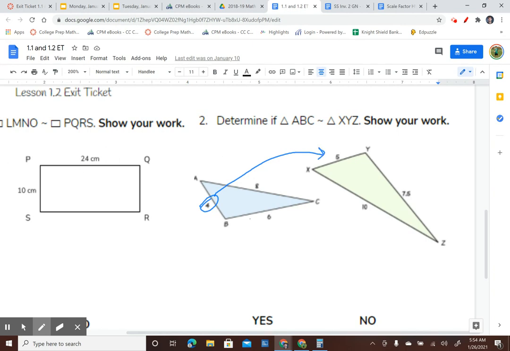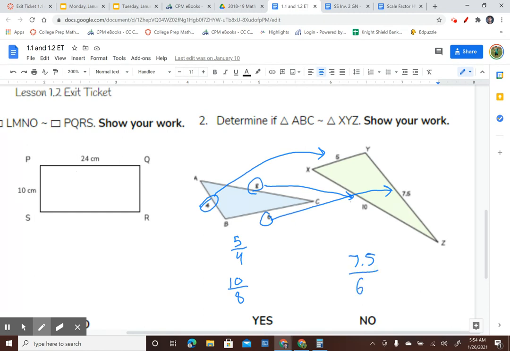Going from 8 over to 10, and from 6 to 7.5. So I'm going to write it as 5 over 4, 10 over 8, finally 7.5 over 6.